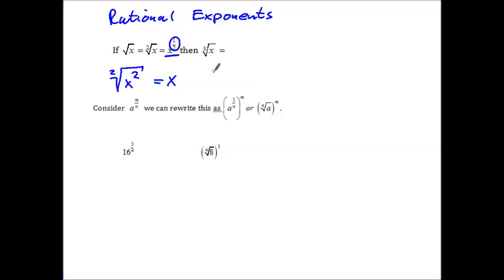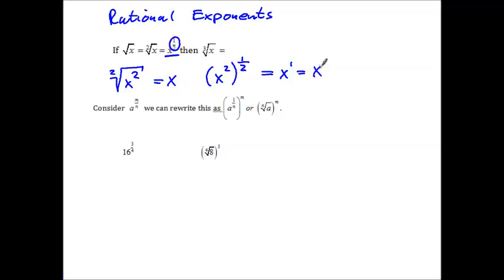Now, writing this as an expression with a rational exponent, we would say x squared to the power of 1/2, making the radical an exponent of 1/2, and following our powers rule, which you remember from algebra 1, we can now go ahead and multiply those two exponents. 1/2 times 2 is 1, and we do end up again with x to the power of 1, or just simply x. So it does work out.